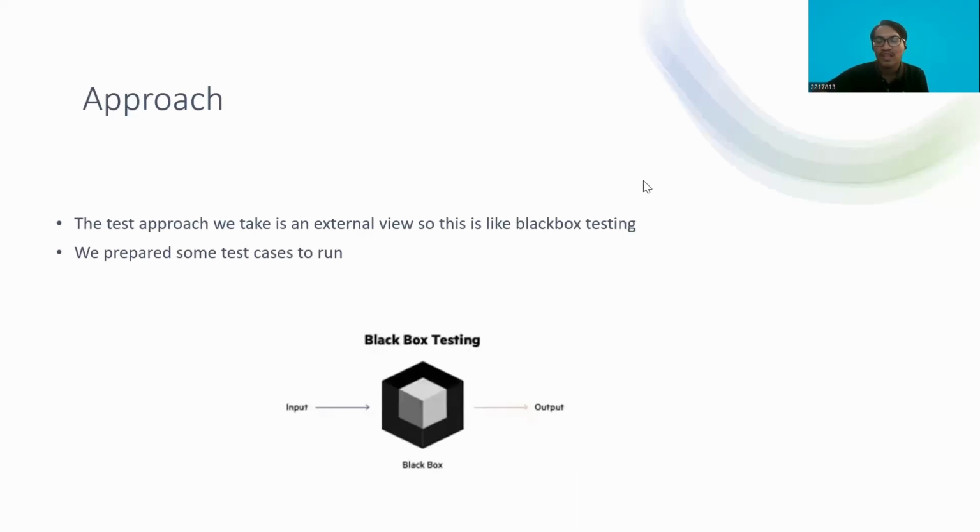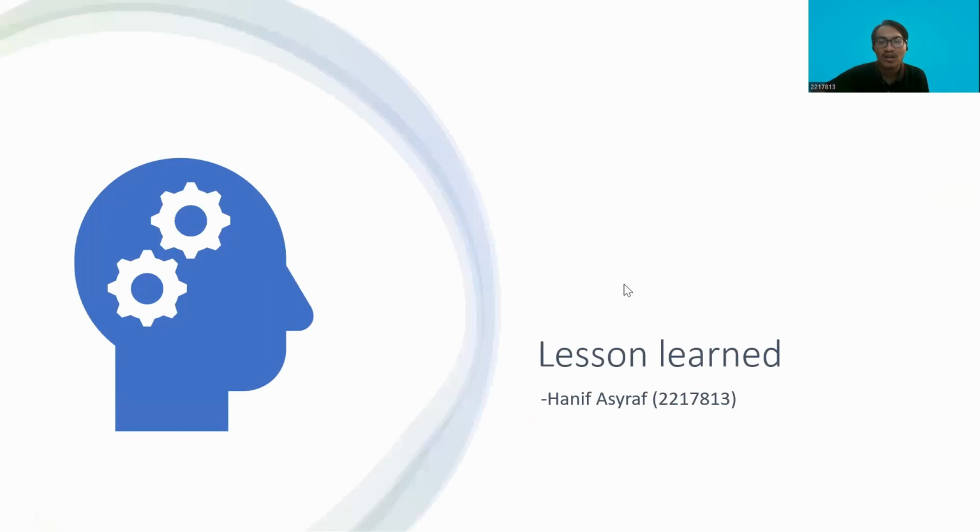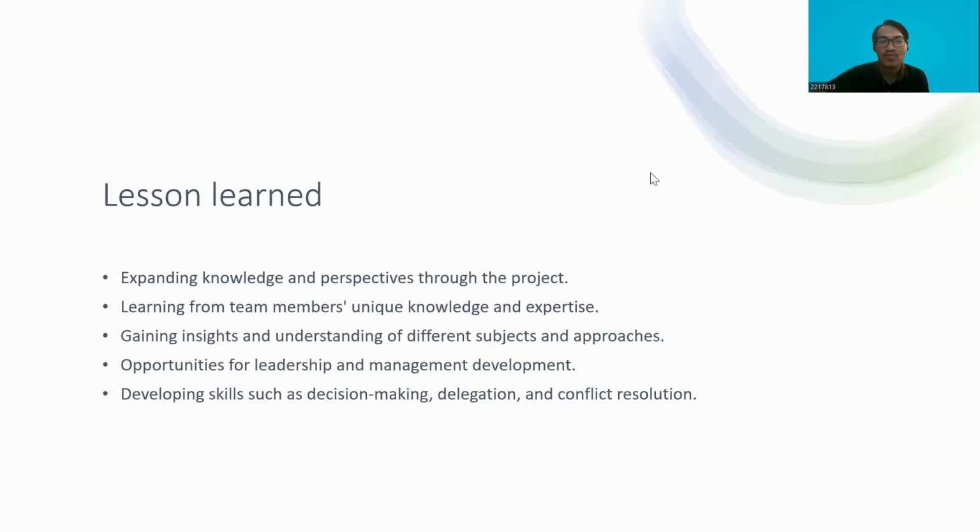So those are some example test cases that we have run. Next, lessons learned from this project. What we have learned from this project. Firstly, we expanded our knowledge and perspective about software engineering, and we learned from our team members' unique knowledge and expertise, because this is a very big project.